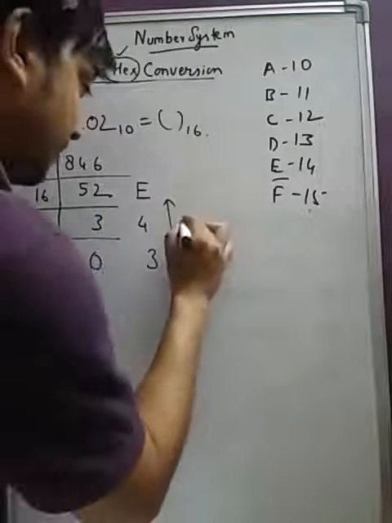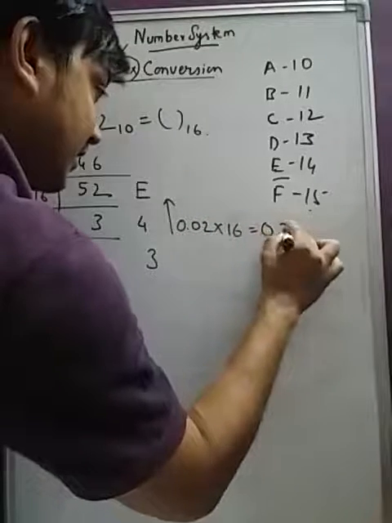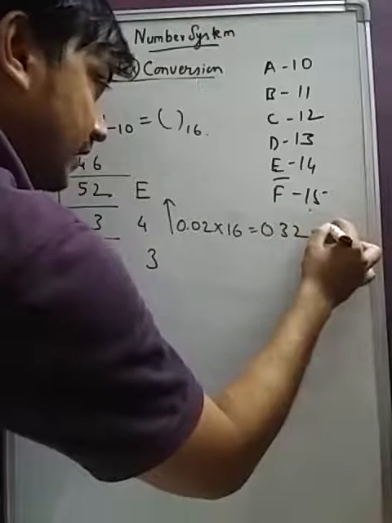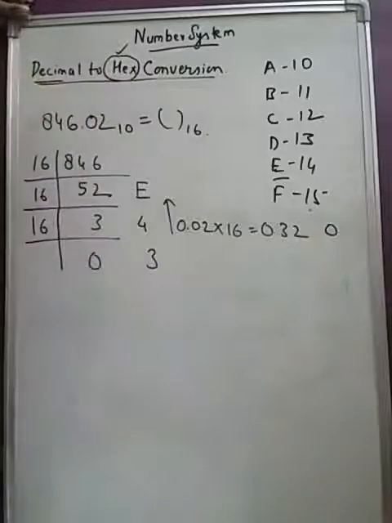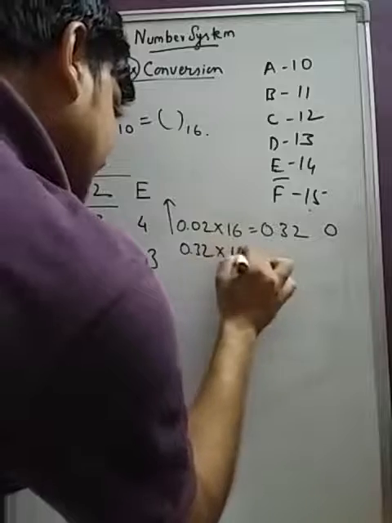Now for the fractional part, 0.02 multiplied by 16 is equal to 0.32, and the whole part is 0. Then 0.32 multiplied by 16.